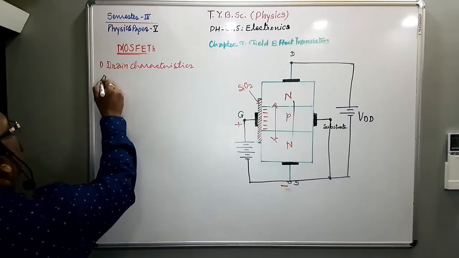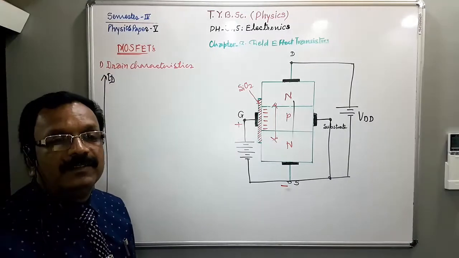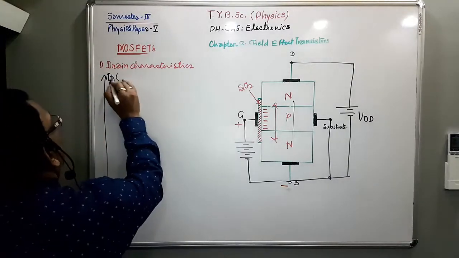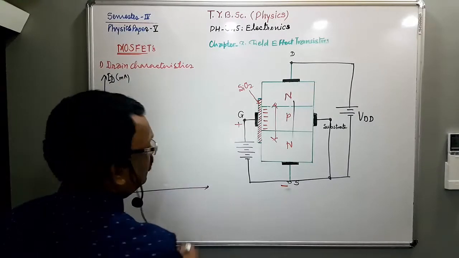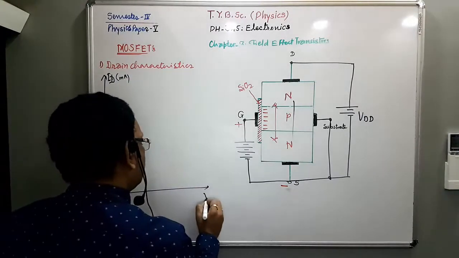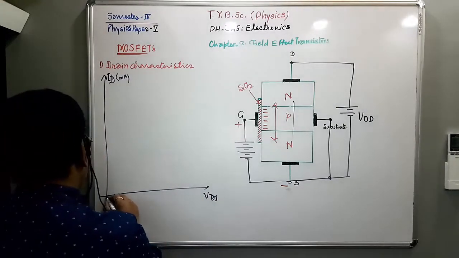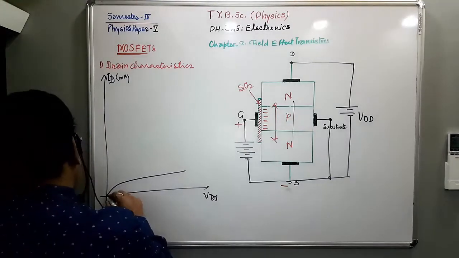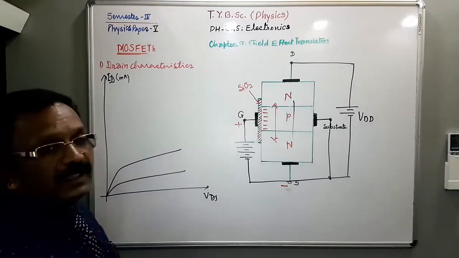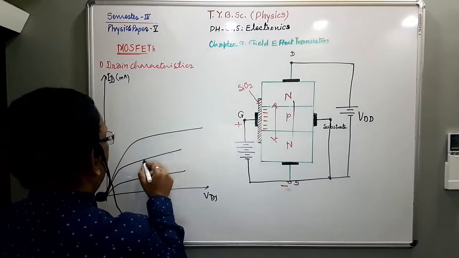This is the axis for drain current ID, which is measured in milliampere, and this horizontal axis represents VDS, and the curve looks like this. This is another curve.